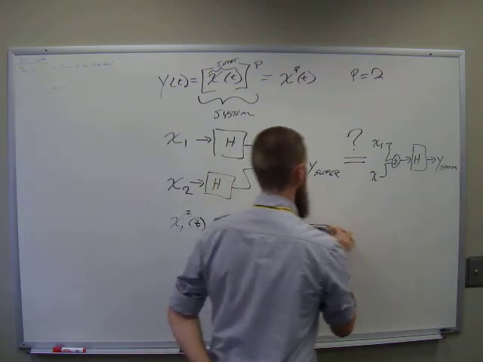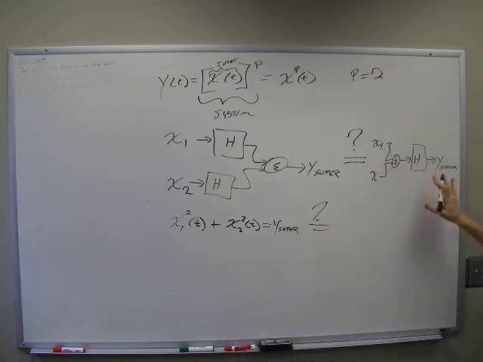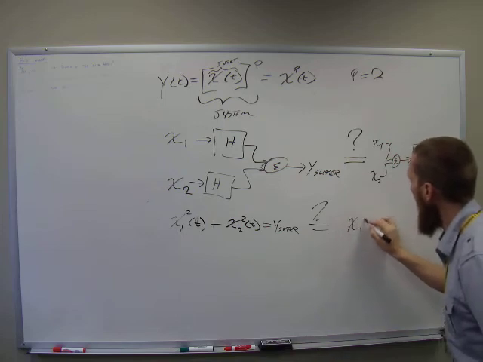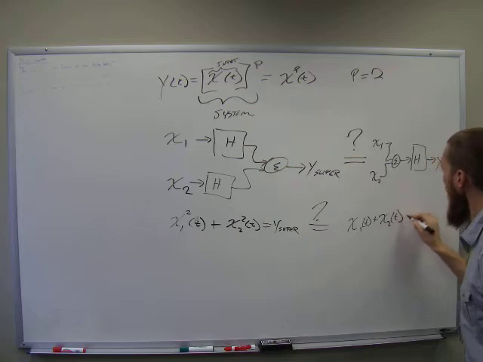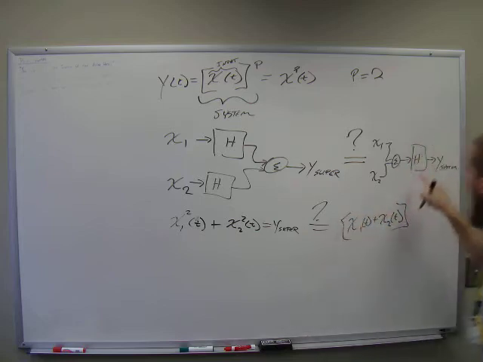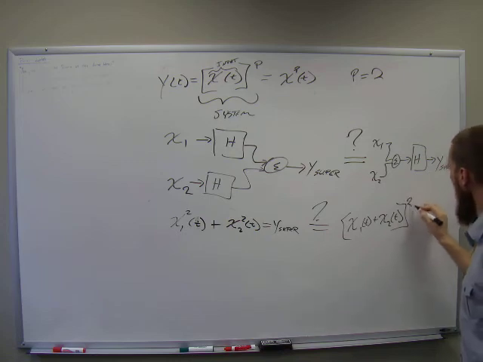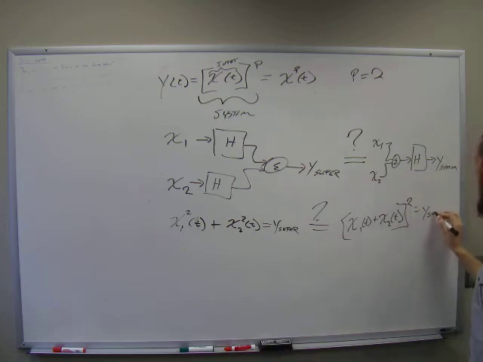Now, is this equal to this output system? We have x1 of t plus x2 of t. Now we apply the system to this, where p is equal to 2, so we square it. And this is going to be y of system.